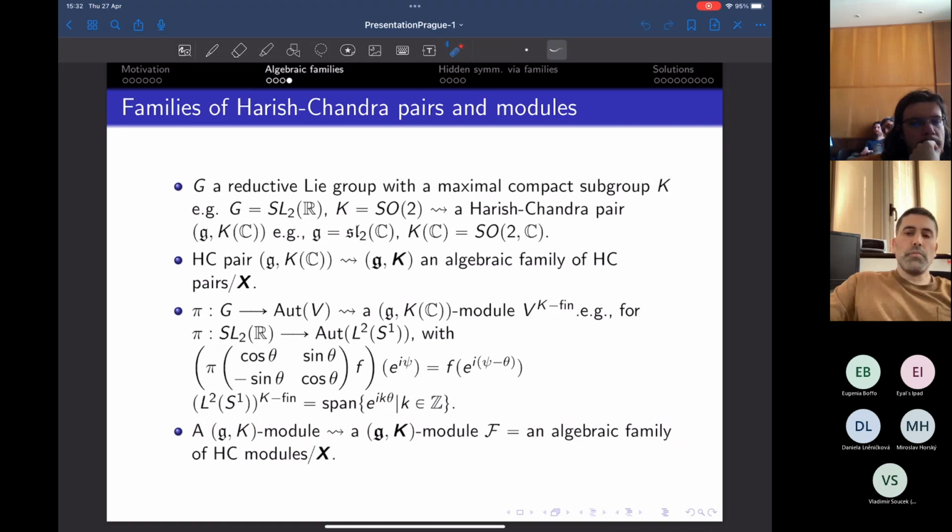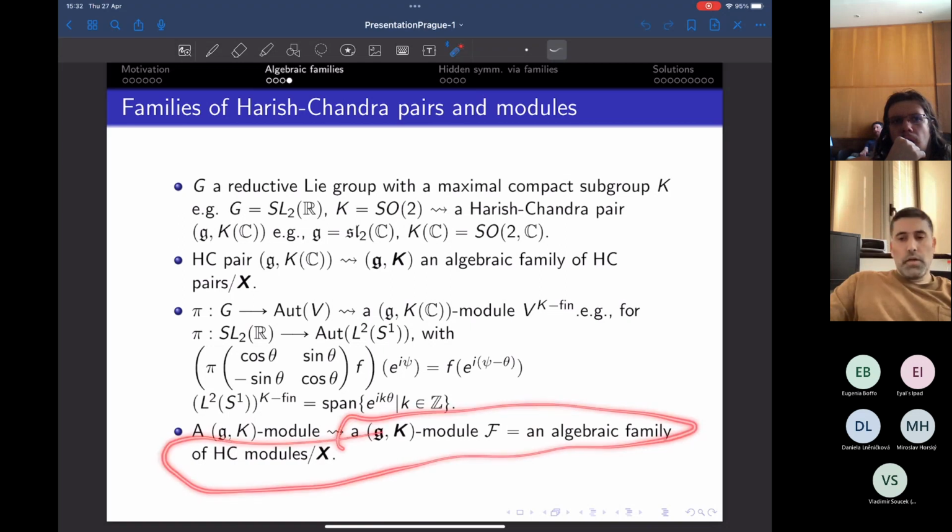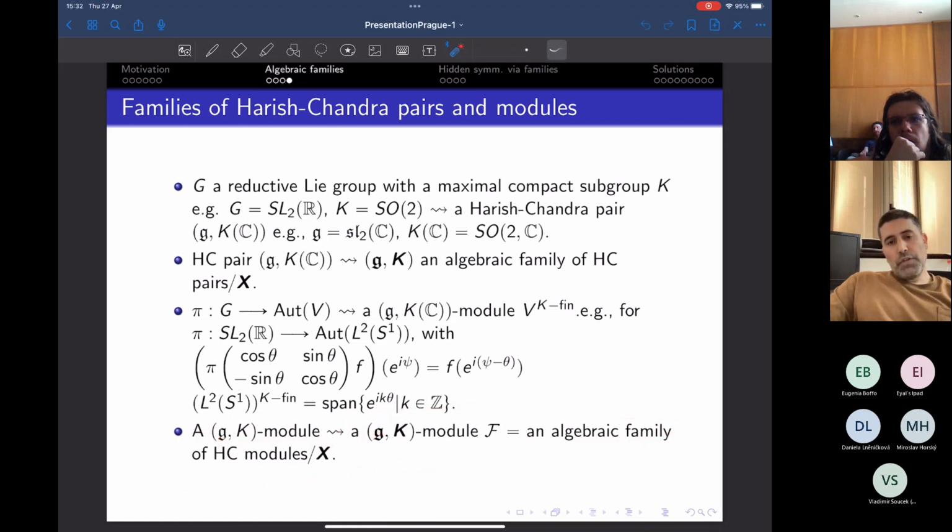The correct technical term is it should be a flat sheaf of OX modules, and it should carry an action of this family G, and an action of this family K, and the actions should be compatible. Once we understand the classical notion, which I haven't spelled out explicitly, it's a simple thing to understand the definition for the family. The family presents no further complications.